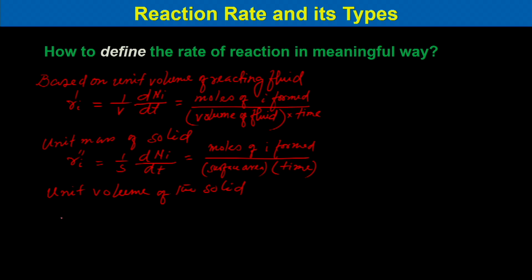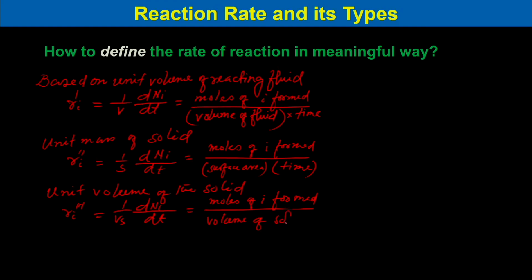So, we can write rate is equal to 1 by V_s, that is, volume of solid, d N_i by dt, which is the moles of i formed divided by volume of solid into time.